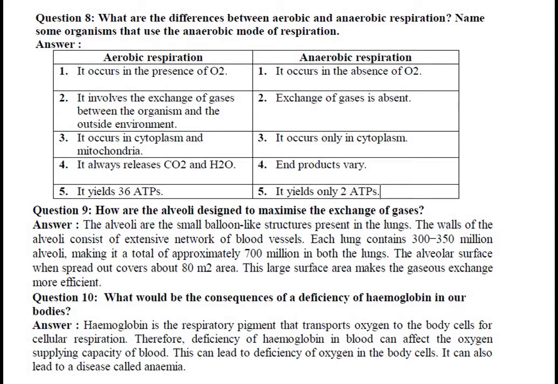Next, aerobic respiration occurs in cytoplasm and mitochondria, but anaerobic respiration occurs only in cytoplasm. It always releases CO2 and H2O. End products vary in anaerobic respiration. Aerobic respiration yields 36 ATP, which is larger, but anaerobic respiration yields only 2 ATP.